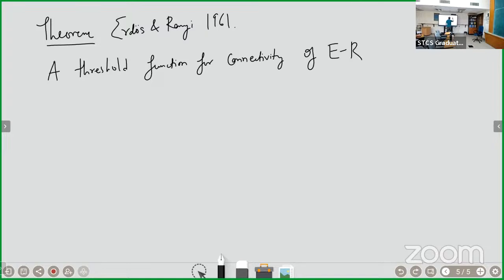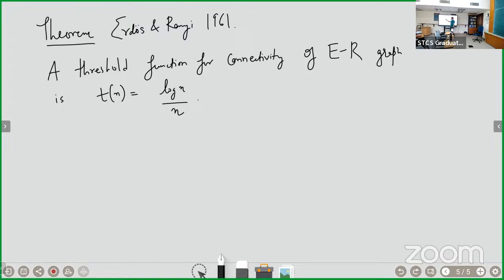So this is going to use the ER graph, with expected degree equal to log n. What does it mean?